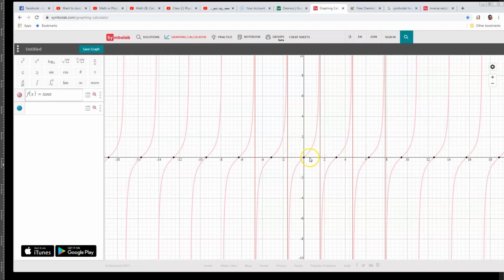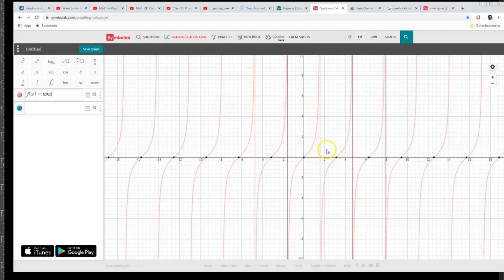Otherwise, for example, if you go from 0 to 3 pi by 2, where this is 0, this is pi by 2, this is pi, this is 3 pi by 2, of course in this domain the function is not 1-1, and so the function is not invertible.